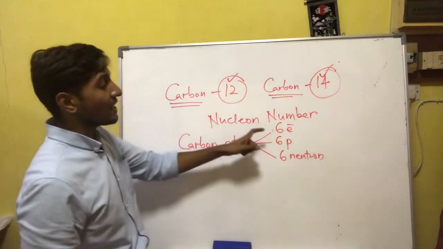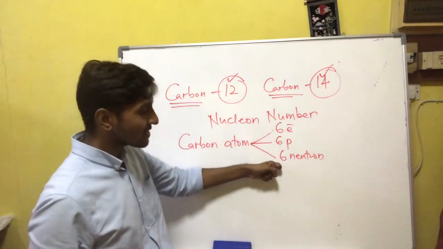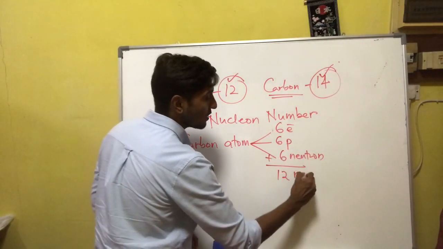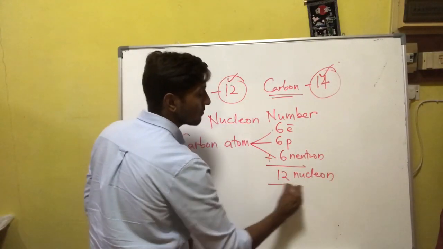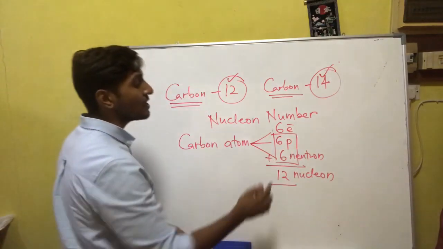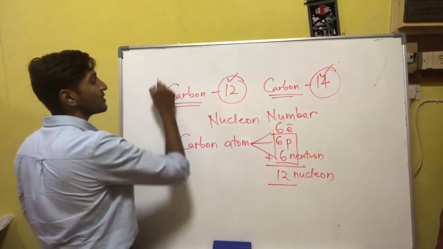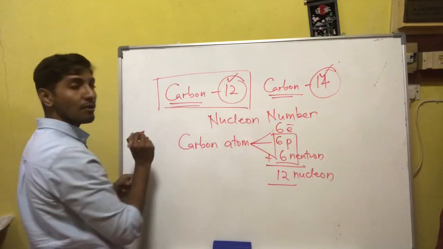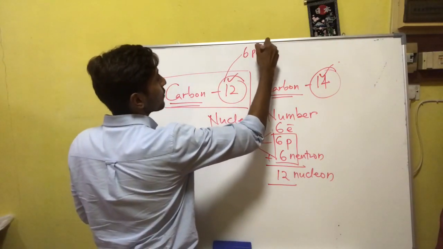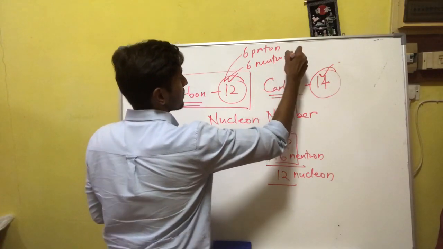So when there are 6 protons and 6 neutrons, 6 plus 6 would be 12 nucleons, where we just take this value, which is proton plus neutron. So 6 protons plus 6 neutrons is 12 nucleons. That is what carbon 12 is all about. So carbon 12 has 6 protons and 6 neutrons.